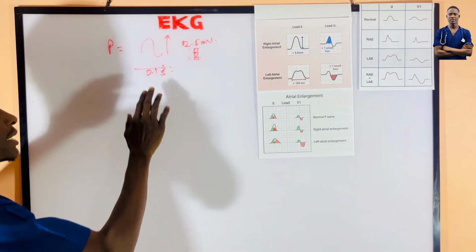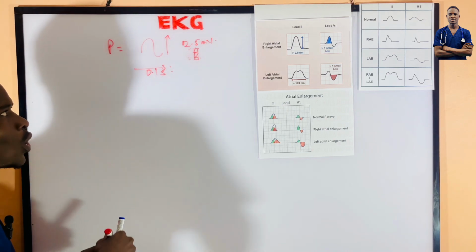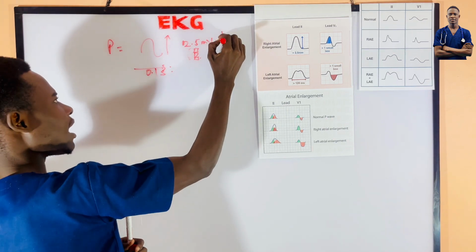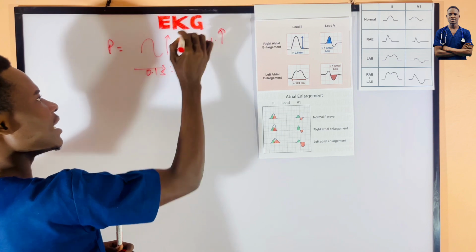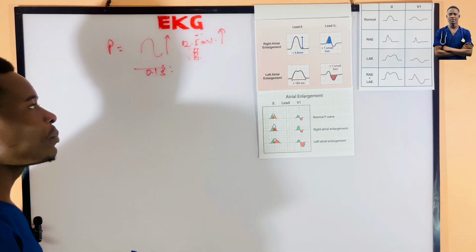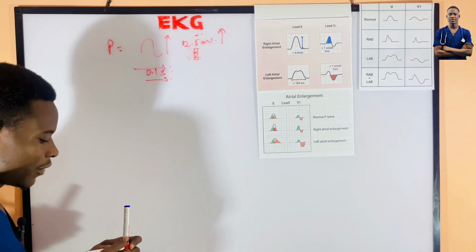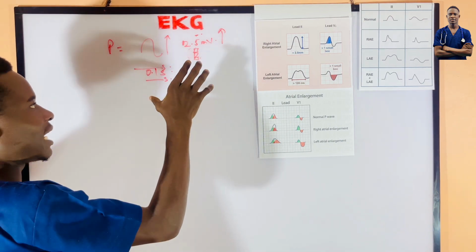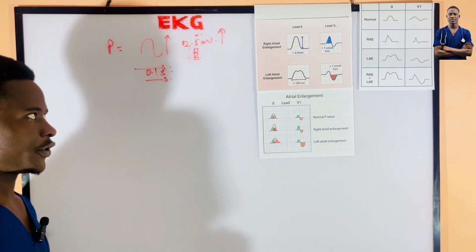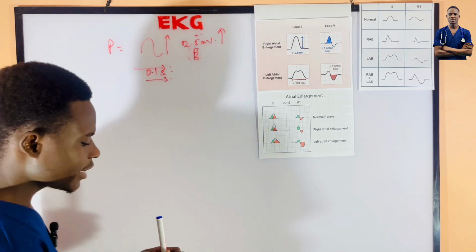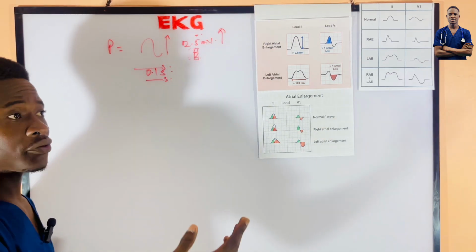Are we clear with it? 0.1 seconds. So an increase in the height of the P wave, or an increase in the width of the P wave, represents an enlargement of the atria. Now, when we take the atria, we have left and the right.